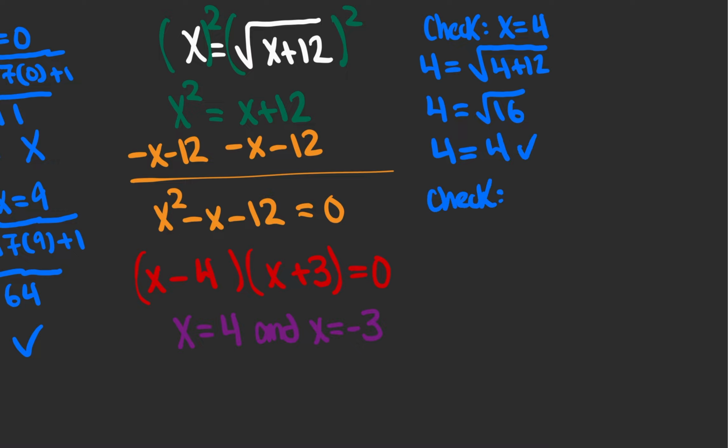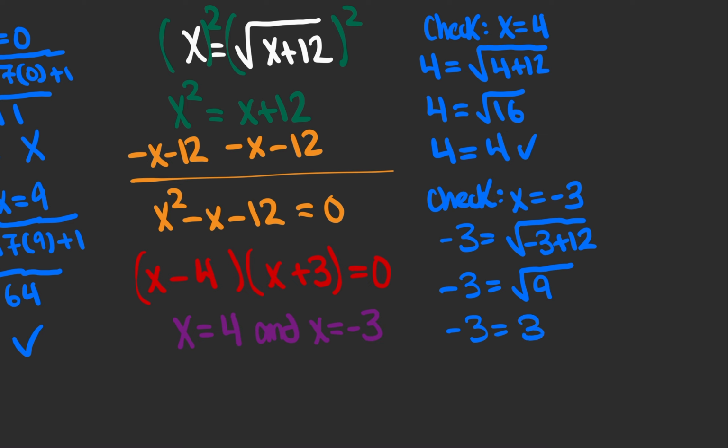Then we have to check for x equals negative 3. So we have negative 3 is equal to the square root of negative 3 plus 12. So we have negative 3 on the left. On the right-hand side, we have negative 3 plus 12. That gives us 9. So we have negative 3 is equal to what? Well, the square root of 9 is going to be 3. So this one does not work out. Hence, the only solution is going to be x equals 4.